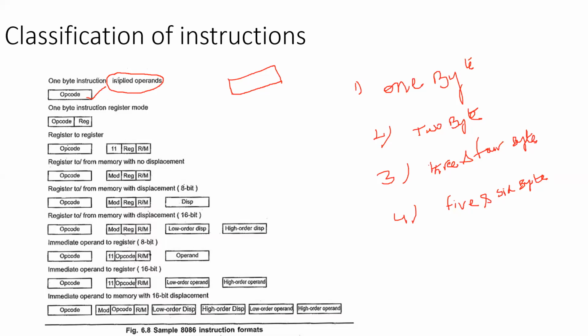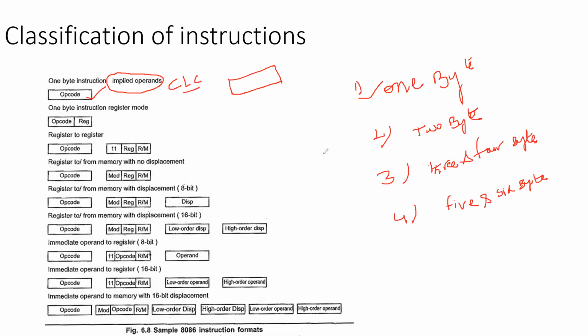That means when you have implied addressing mode, like in the previous class we saw implied addressing modes like CLC. CLC means clear the carry flag. There you will not have any operands. You will have only the opcode. Where we have only the opcode, such instructions come under 1-byte instructions.